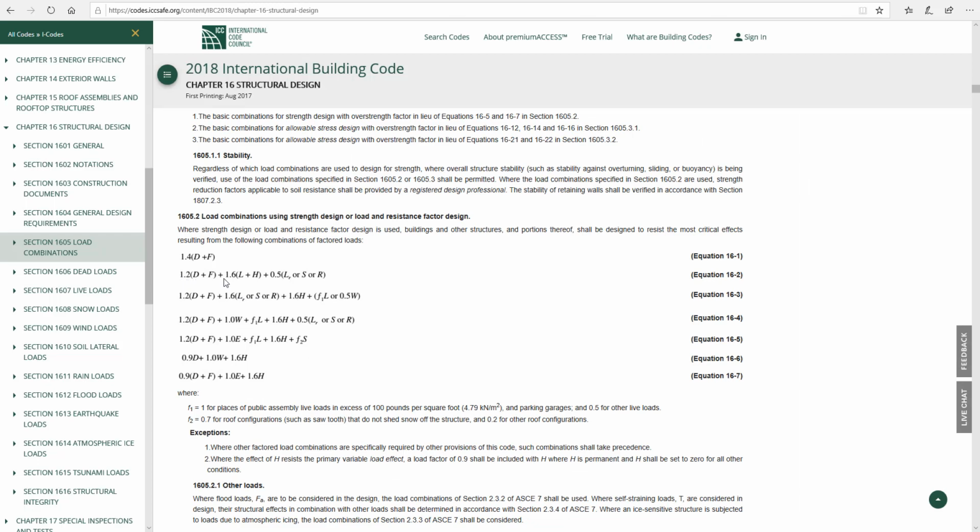Either 1.2 dead plus 1.6 floor live plus 0.5 snow, or we have 1.2 dead plus 1.6 snow plus 1.0 live. This F1 factor is going to be 1.0. So, either we apply the 1.6 to the floor live or to the snow load. Let's take a look.